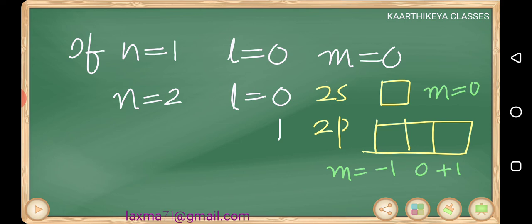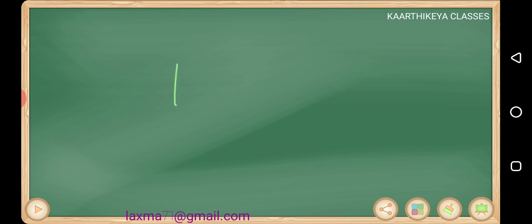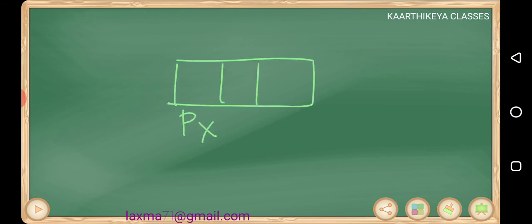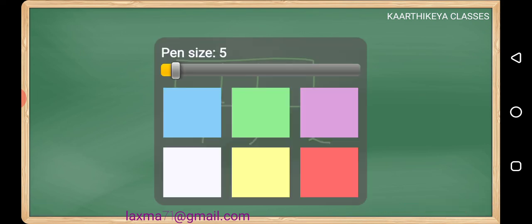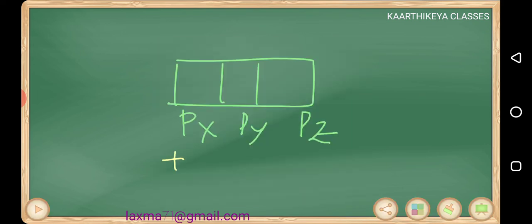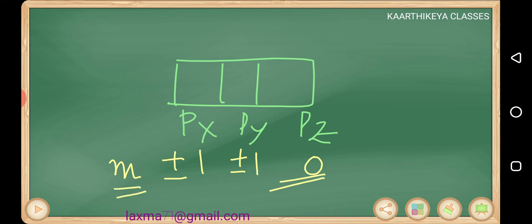Actually there is no proper condition. Most of the books will give it like this: px orbital, py orbital and pz orbital. Generally this is not a mandatory thing. Generally this is plus or minus 1 and for this it is given 0, these are m values I am saying. Px, py, pz. For pz, generally the m value is taken as 0.